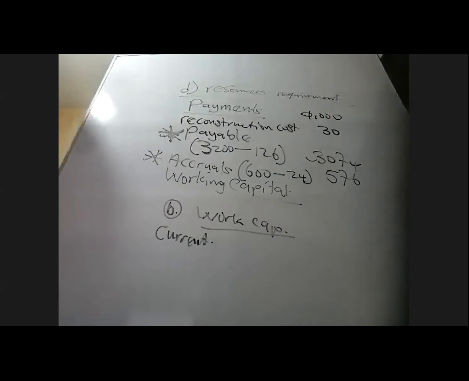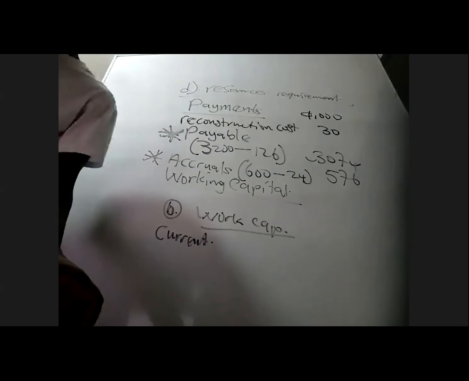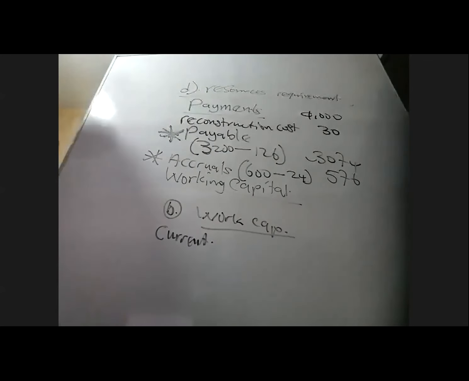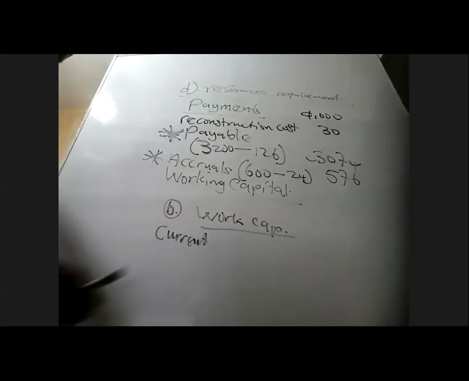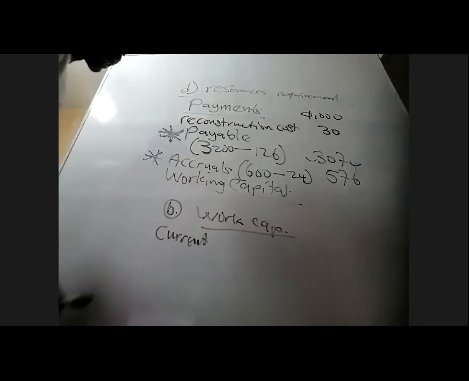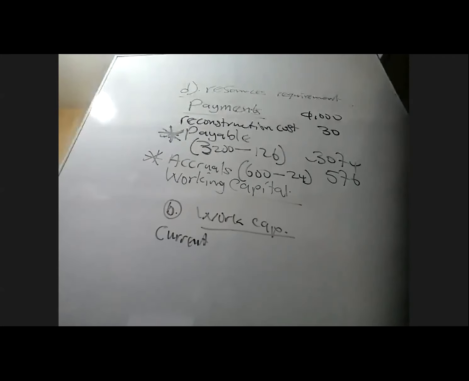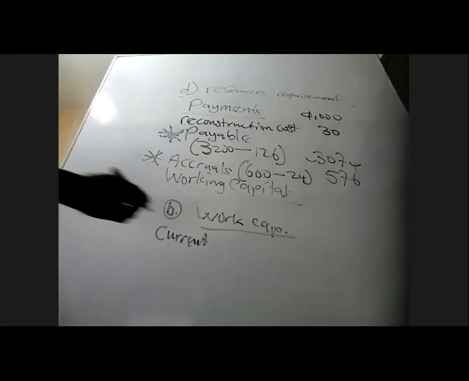The current assets must be 2 times the current liability, right? So the new business, what do you think will be the current liability? So what you do is current assets.